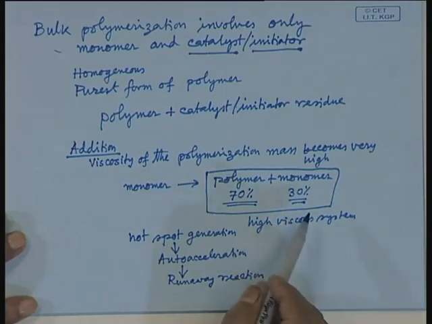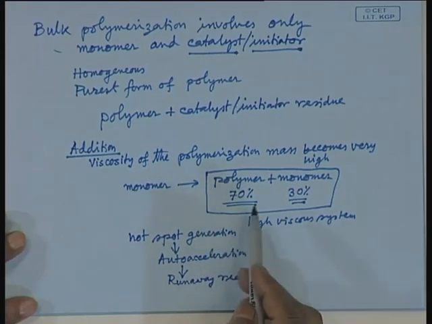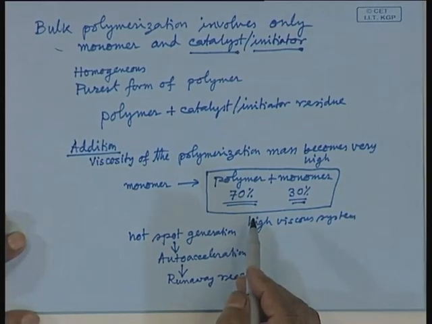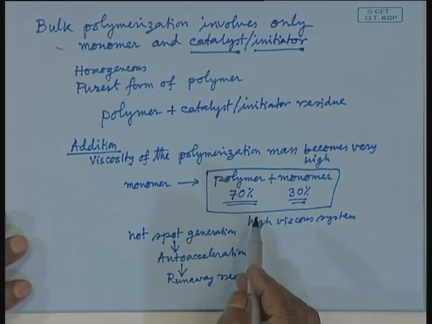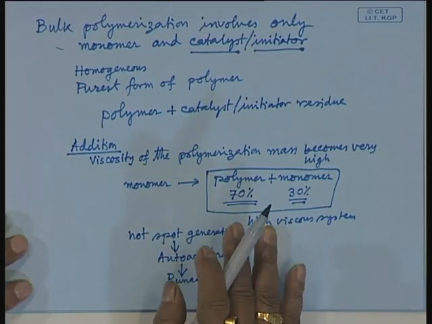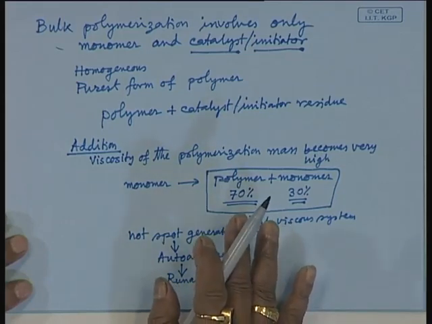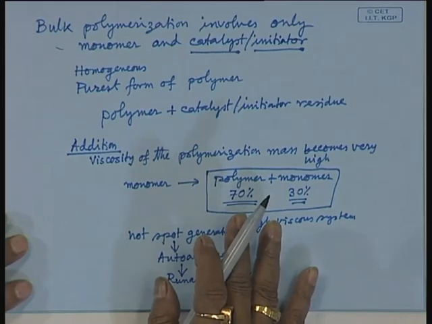So, to avoid all these things, normally in case of addition chain polymerization, if it is done by the bulk technique, it is actually stopped at lower conversion, say 50%, 60% like that.